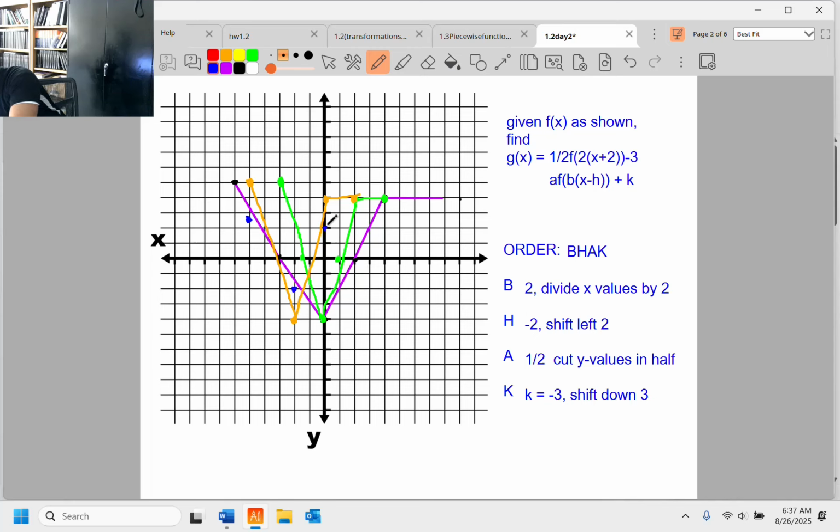That was your vertical compression. And then k is -3, which is a shift down 3 units. So put me about right there, there, there, and there. And that ugly mess, with the red function being the last one, is the transformation. And boy, that's a hideous, ugly mess, isn't it? Yes, it is. It's disgusting.